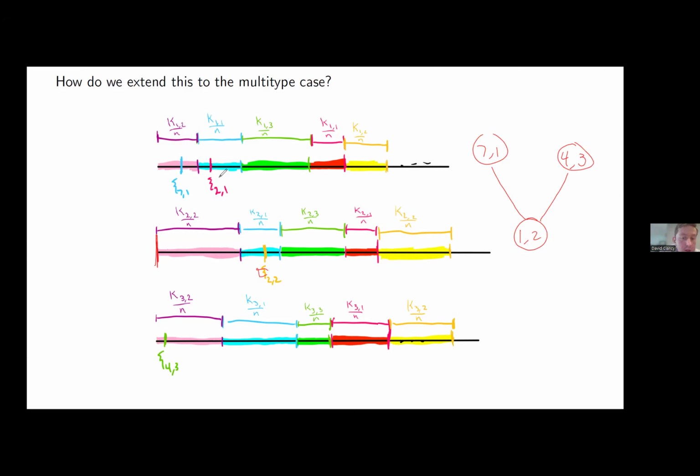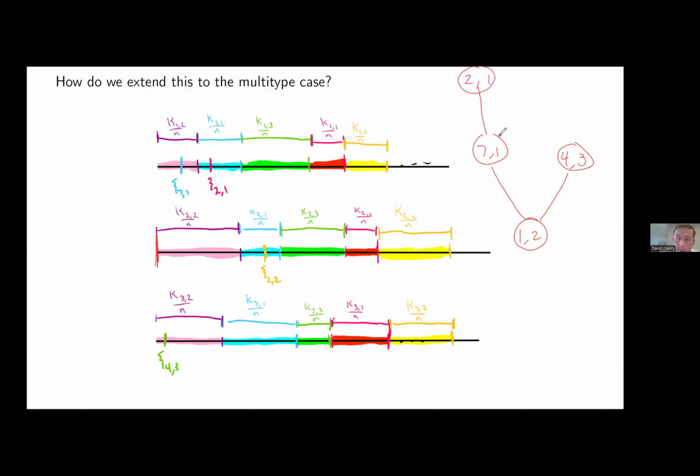This will listen on these blue intervals. Here it listens for time kappa 1,1, the first one because we're on timeline 1, the second one because we have a vertex of type 1. And it listens for kappa 1,1 over n, and it discovers this 2,1 vertex.